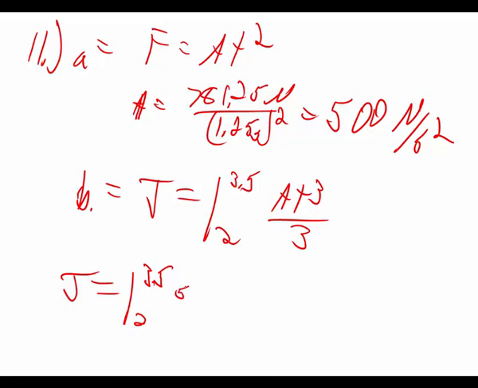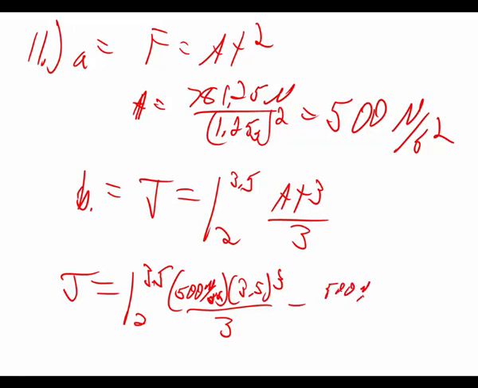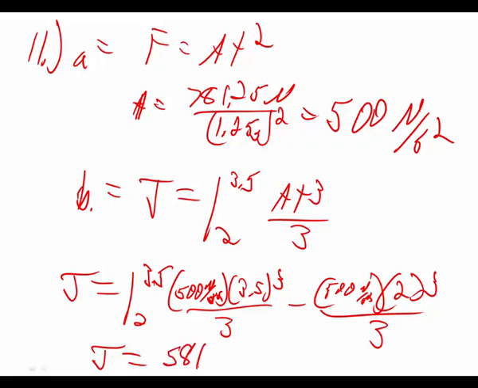So that's 500 newtons second squared times what? 3.5 cubed over 3 minus 500 newtons second squared over 2 cubed over 3. And J should be 5812.5 kilograms meters per second.